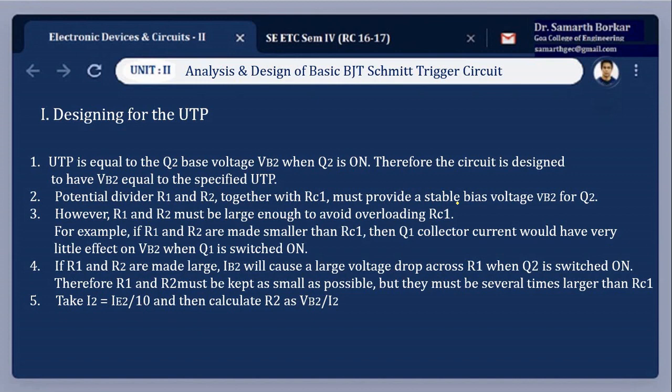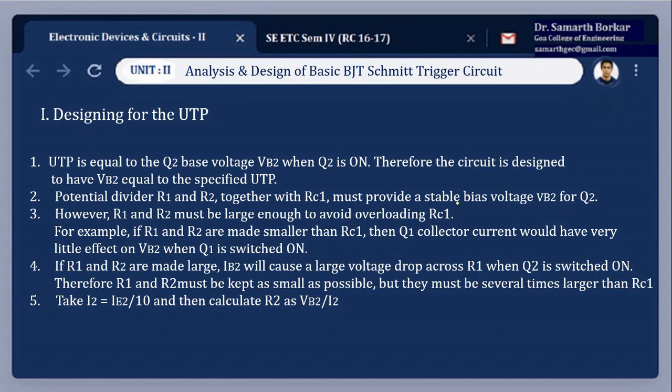This we'll try to understand from the numerical analysis. Otherwise, if you want separate values, for example, the input signal can vary from plus 12 to minus 12 volts, and we can set the upper trigger point at say 8 volts and the lower trigger point at 3 volts. Similarly, we can set the LTP and UTP at the same level. It can be both a 6 volt UTP and 6 volt LTP and so on. So that all we are going to study now.